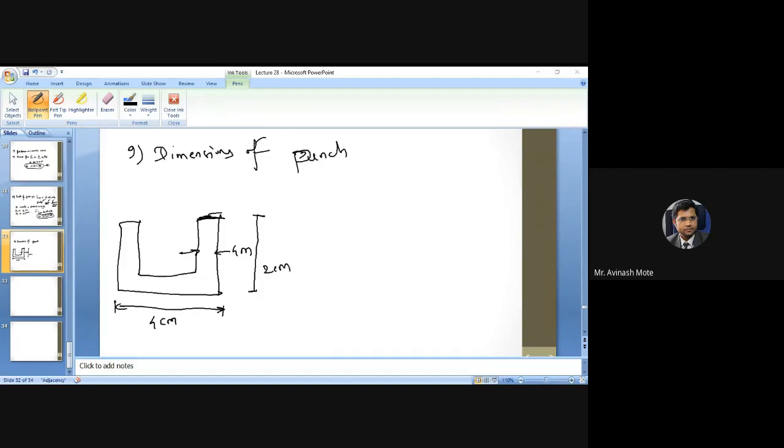This one is 2 centimeter. So initially there will be a mold cavity like this, and the material will be poured inside it. Now there will be a punch.